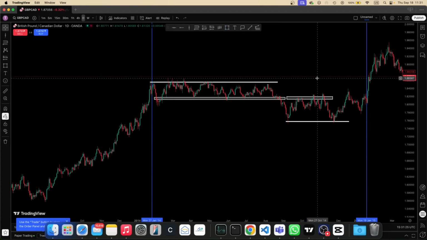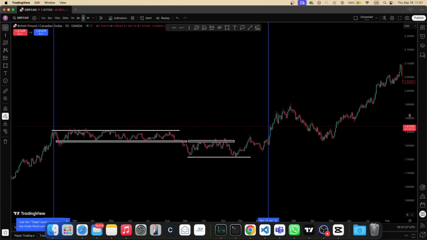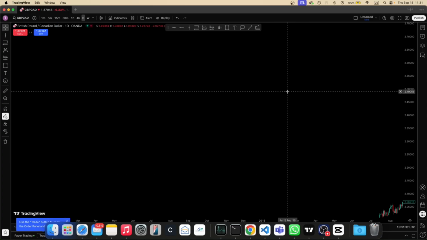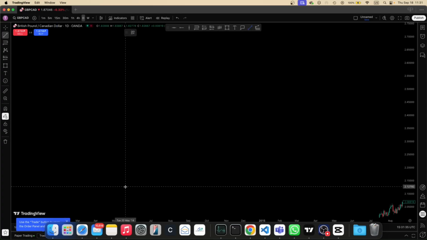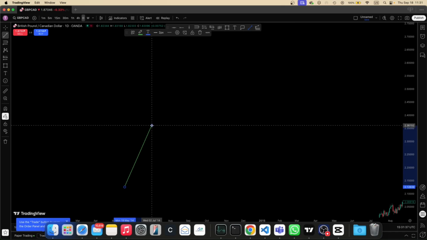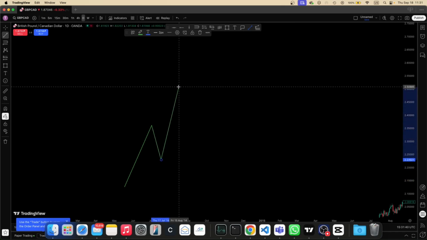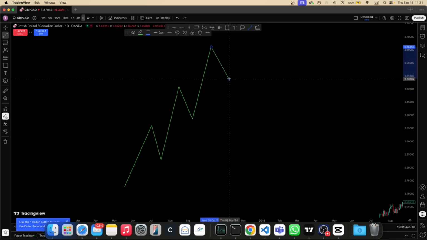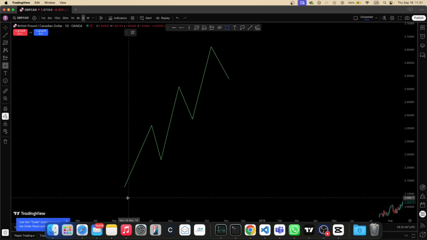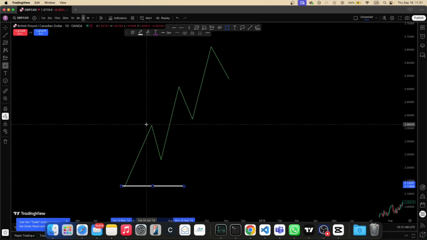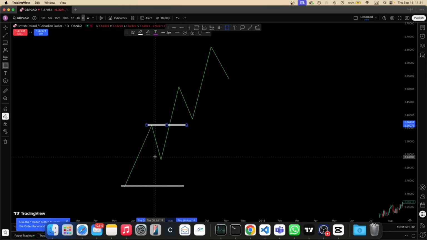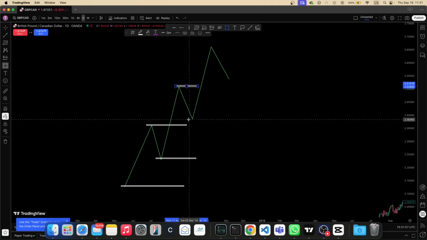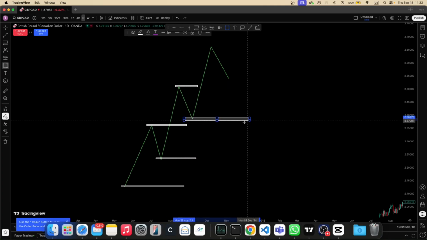So when in a trending market, we will see this more often, where, let me show you something like this. When in the trending market, you'll see market go up, down, up, down, up, down. So this is your initial support, this is your resistance, and then this is your support, this is your resistance, and you see it overlaps.